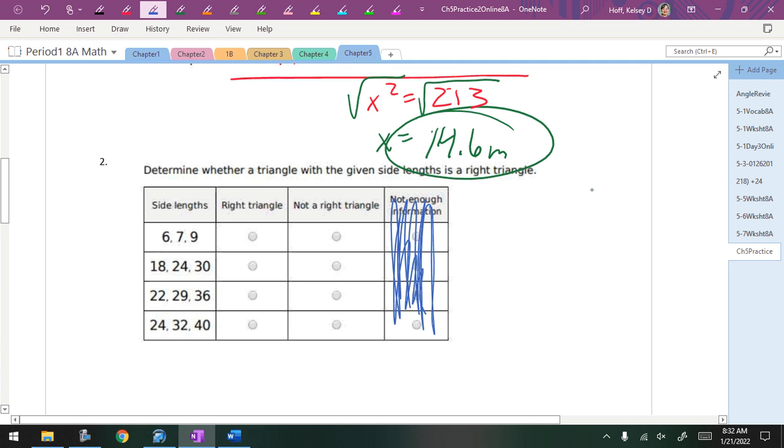It doesn't give us a picture. Are we going to use A squared? Yes. B squared? Yes. C squared? Yes. What's different about this than the problem up above then? We do know which is what side. Right? So then put them in random order. No, there's a certain order you've got to put them in. These two greatest.